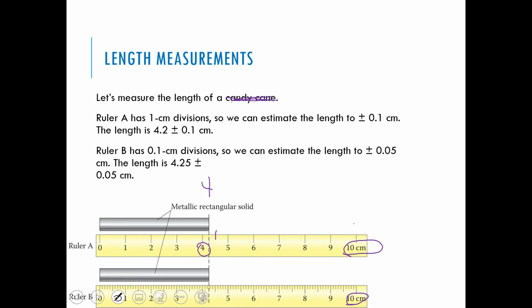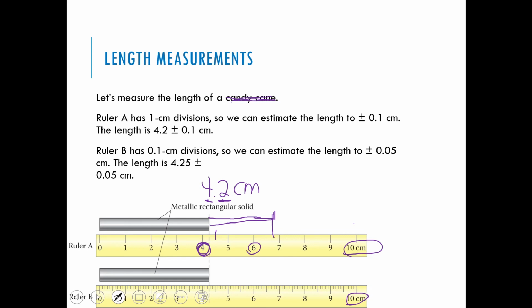And I could estimate that would be about 4.5, so maybe 4.2 centimeters. What's important is that we can be exact to the whole number here, and we could estimate one more digit. So if I were to lay a pencil on ruler A, and let's say the pencil went to here, we would be able to estimate and say, well, it's 6 point, and then I would follow this down, maybe 6.8.